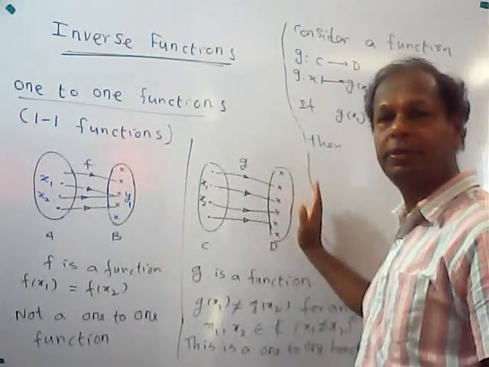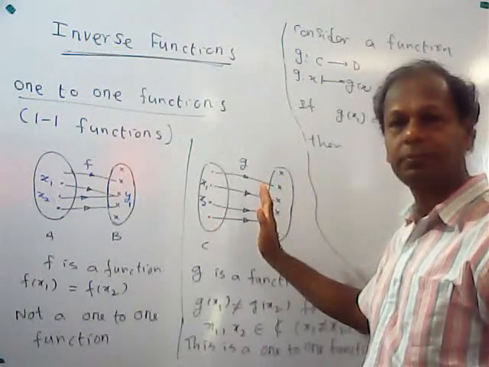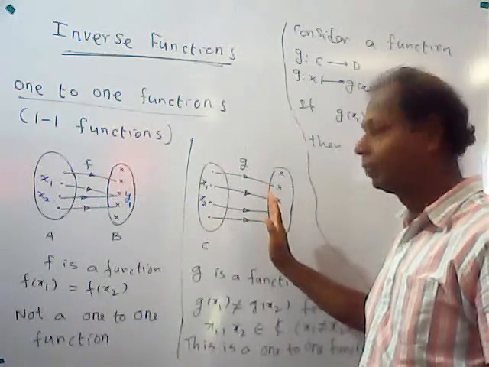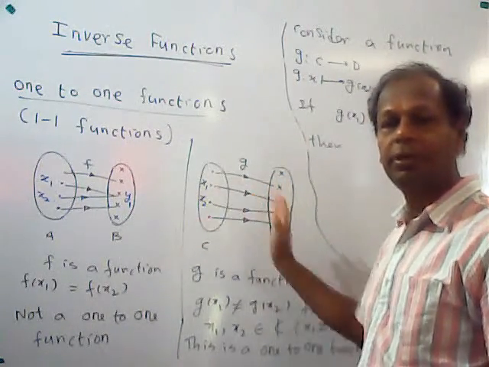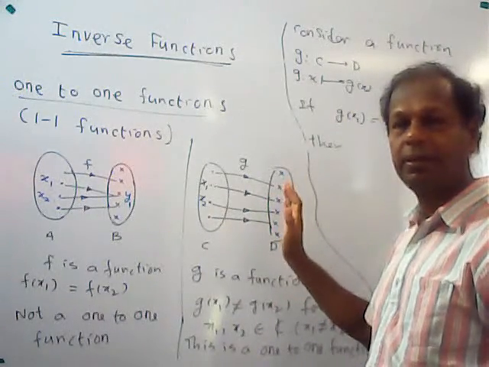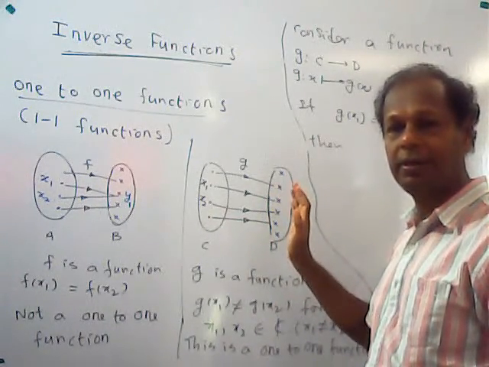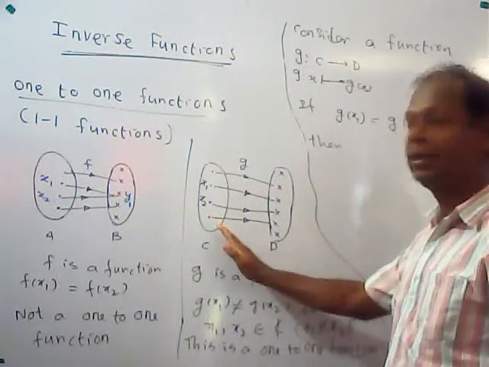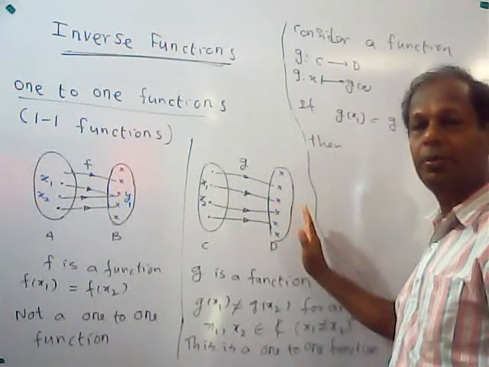If g(x1) equals g(x2), then something should happen necessarily in a function like this.